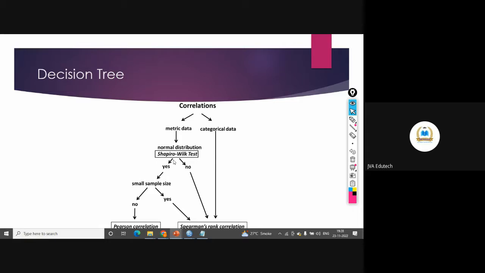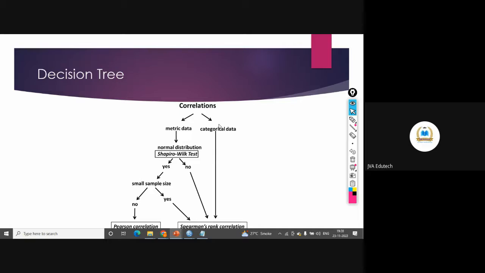then move on to the next step to see whether the sample size is small or large. Let's say at the first step, any one of them is categorical. Any one, not both. Please remember, if both are categorical, then you have to do chi-square.